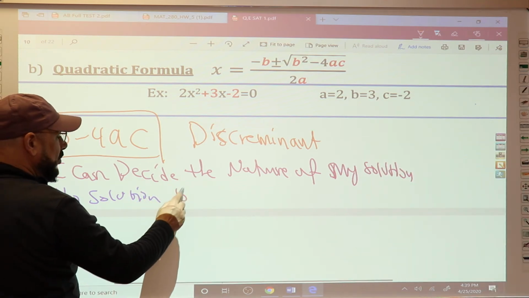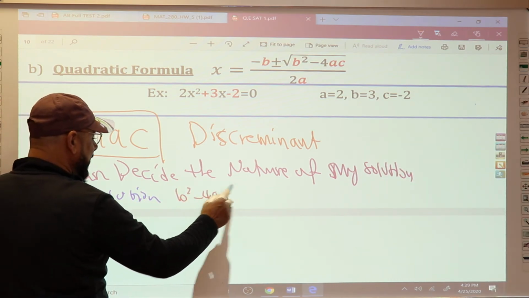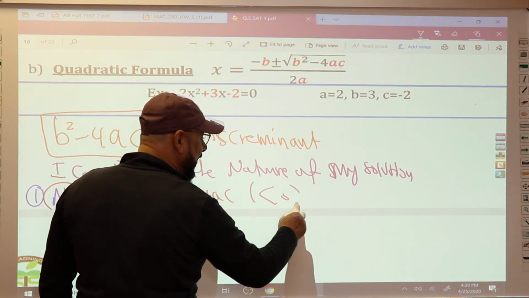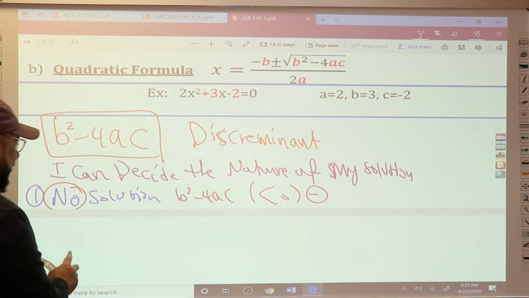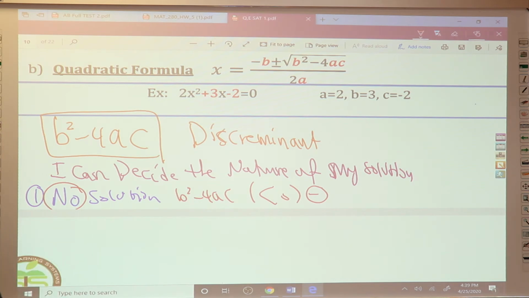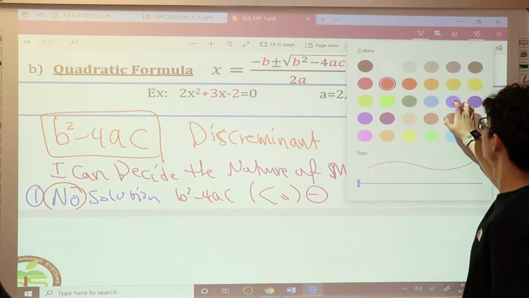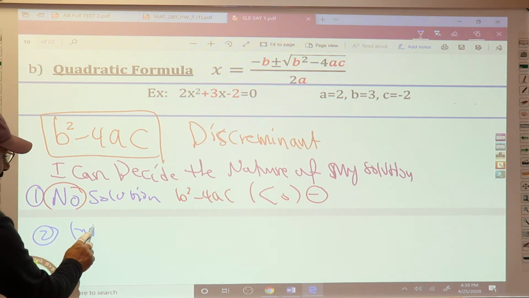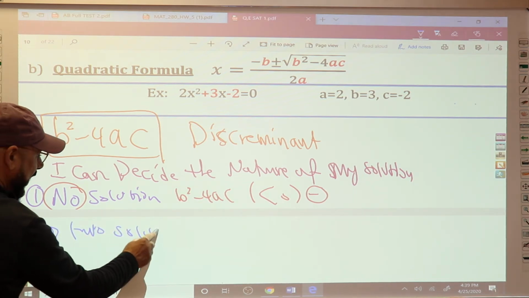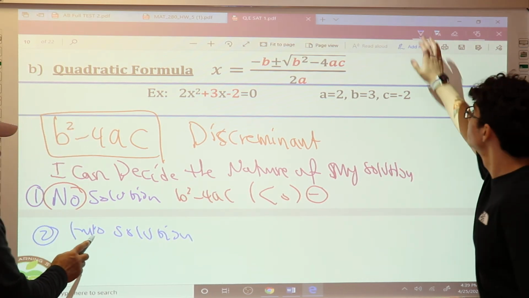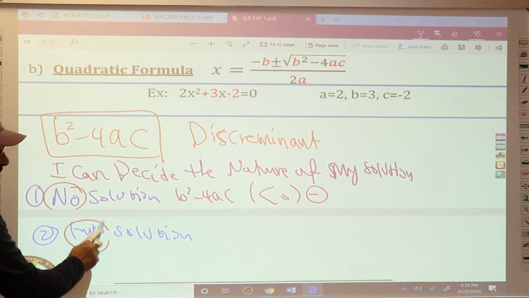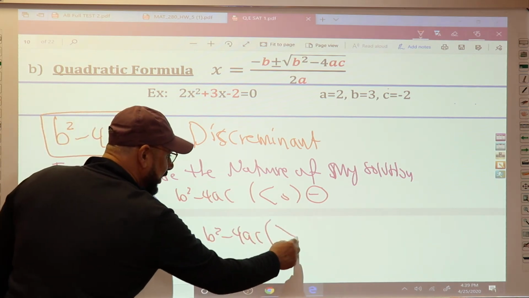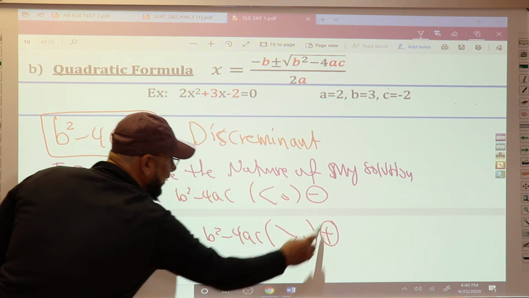If b squared minus 4ac is less than 0, which is negative, there's no solution. Now, back to this color. Two solutions: back to the red, if this is greater than 0, which is positive.